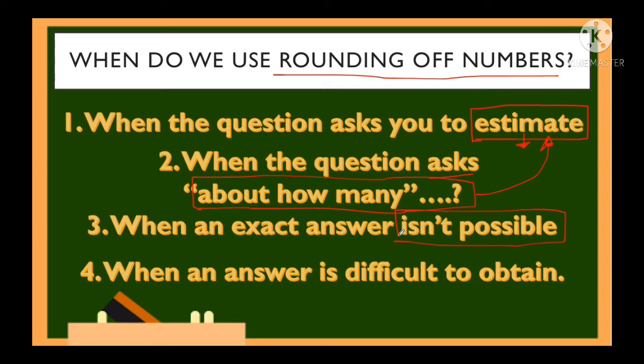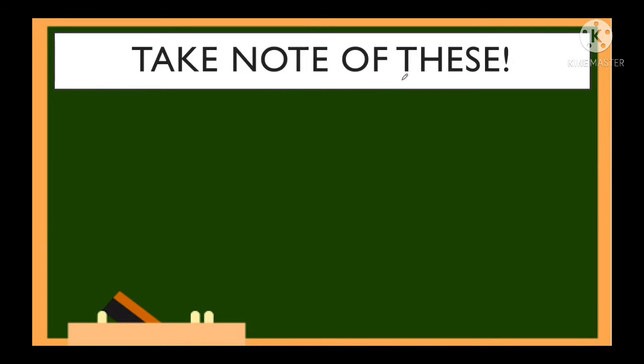Alright, so if these 4 are given in an equation or a question, then we will use the rounding of numbers. The most specific term here is estimate. Estimate or estimation. So if you're asked to estimate, you will use rounding of numbers. Take note of these.